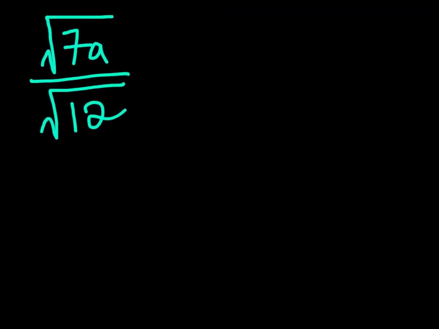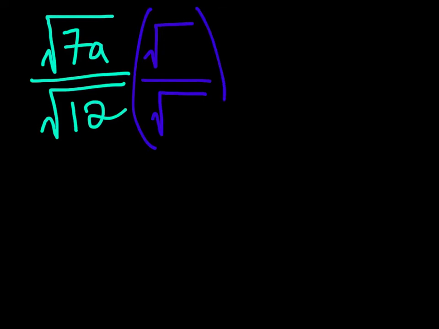Last problem, square root of 7a over the square root of 12. So this is similar to the other problem where we have the square root of 12 and it has a simplification in there that we need to do. So we are going to need to pay attention to that after we do a little bit of our rationalizing of the denominator. What is the number that we are going to be multiplying the top and the bottom by?